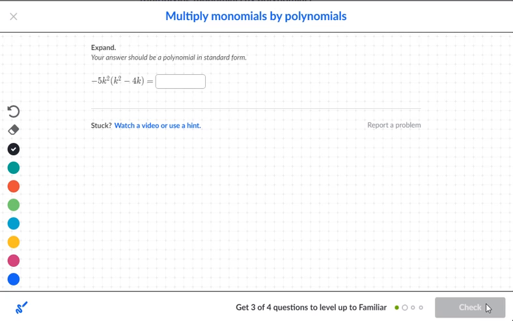Okay, let's move on to the next problem. We're going to basically do the same thing. So I have the negative 5k to the second, and then I have k to the second minus the 4k. Right here, k to the second would be 2 individual k's, and right here would be 2 individual k's.